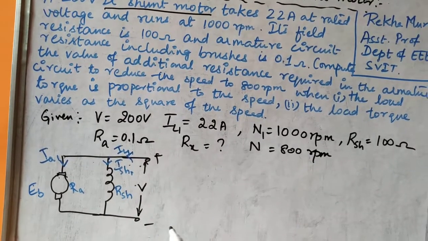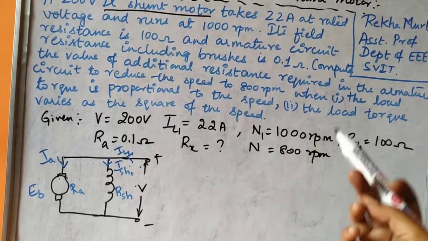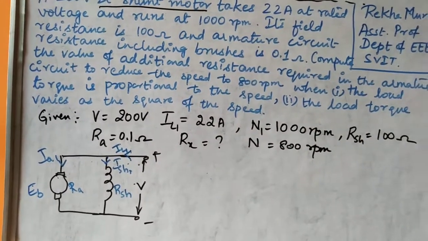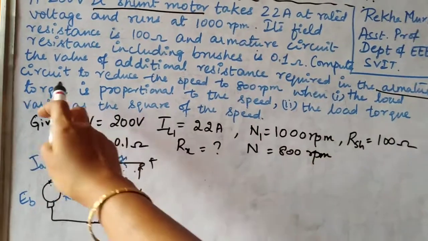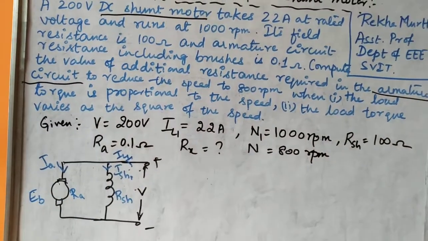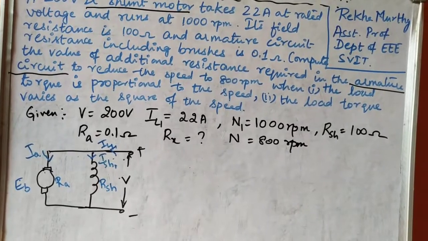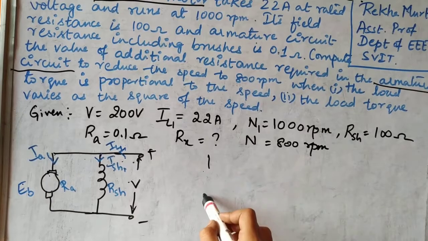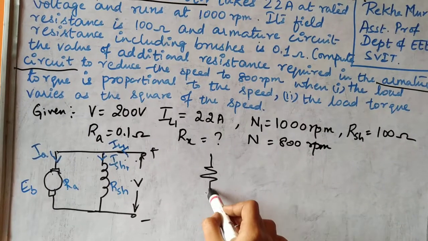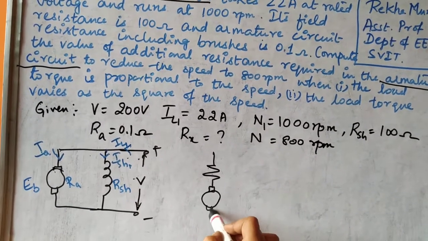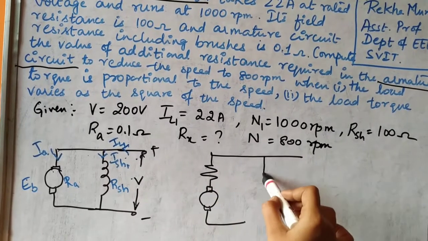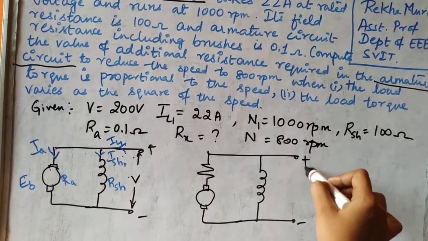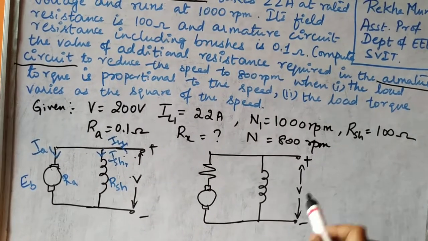Okay, now we have to find out the additional resistance that should be connected in the armature circuit. Which is the armature circuit? This is the armature circuit, right? So let us draw the second diagram where the resistance will be added to the armature circuit. So this is how we are going to draw the field winding, and this will be the voltage supply which is applied here, same.